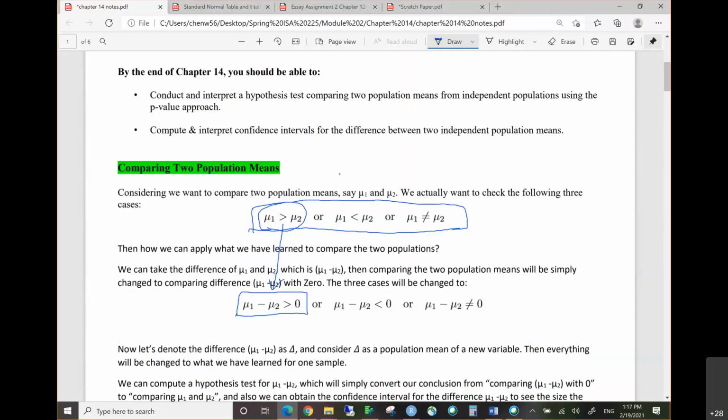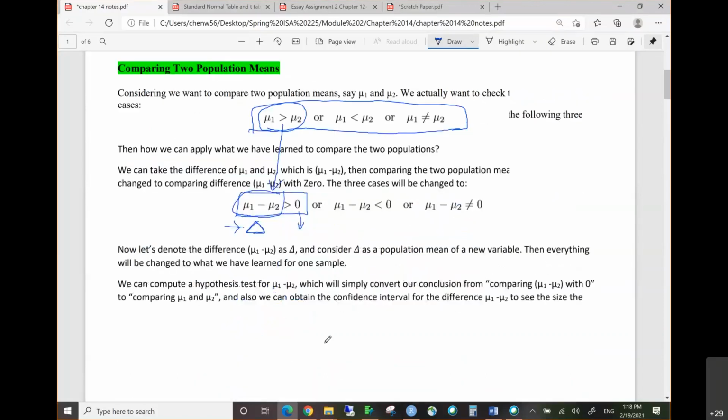And then to the left of the hypothesis, we define it as the big delta, the difference between the two population means. So this is again a population parameter. To the right is a value we want to test about, right? This format we are familiar with because in chapter 12 to chapter 13, we have already done this kind of hypothesis test before, right?